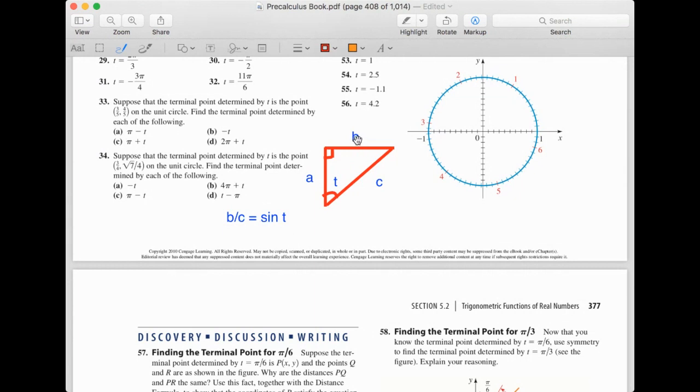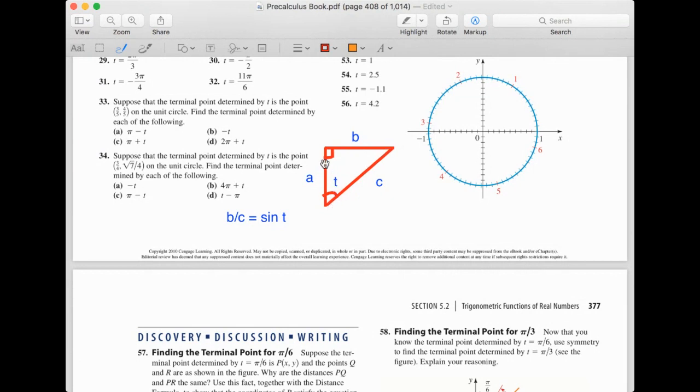The ratio B over C, think about B as a number, C as a number, right? B over C, it's just a ratio, just a fraction. And I give a name, I call this sine T, because in a triangle the angles and sides are very closely related. So I just call this ratio B over C sine T. What some people know is opposite over hypotenuse, right?